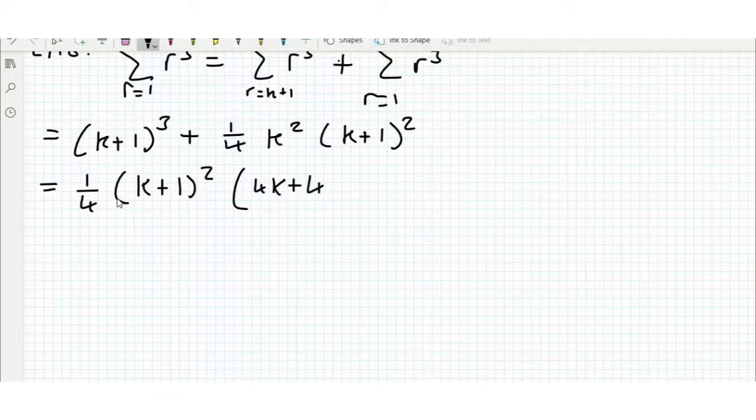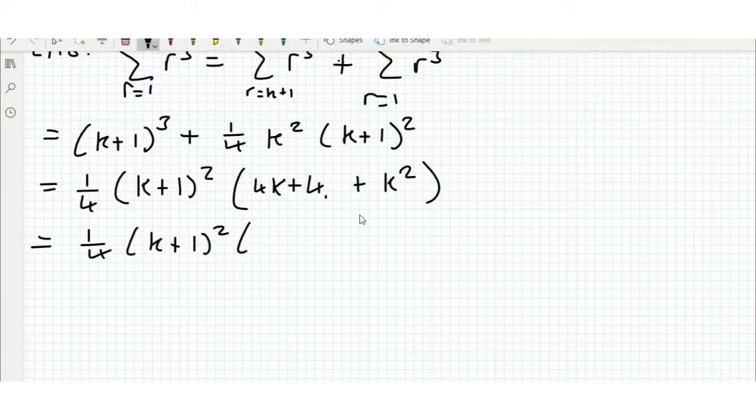Why do we get 4? Because we factored out the quarter as well, so we have to multiply this term up by 4. And then here we're just left with k squared. Let's write out these first two terms again. And this factorizes to k plus 2 squared.